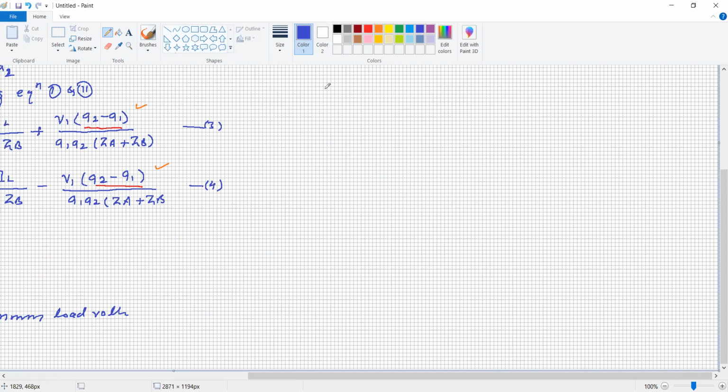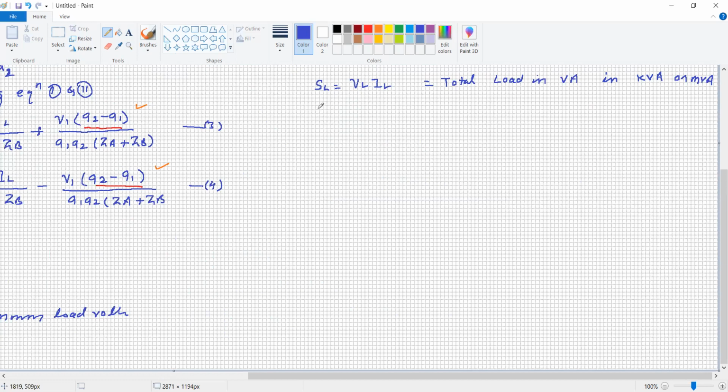SL is equal to VL into IL. What is SL? It is the total load in VA or kVA. For a small transformer it is VA, but for a big transformer it is kVA or MVA, isn't it? For the higher capacity transformer.